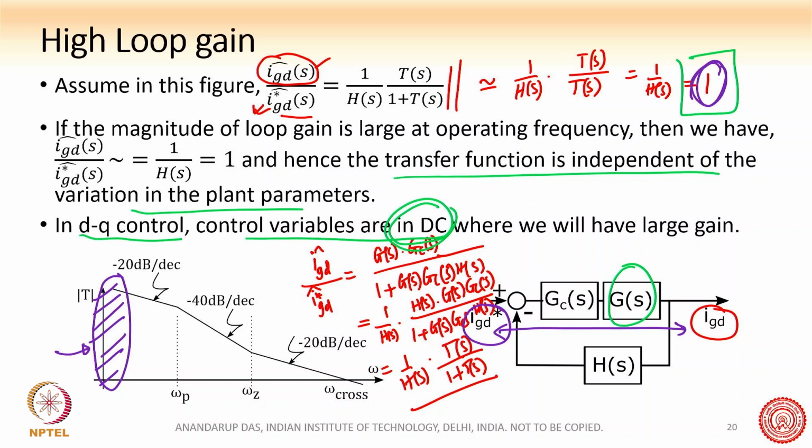So in DQ control, we had deliberately taken the whole system to DC, and we ensured that close to DC, in this region which I have shown here, the loop gain is very, very high, and therefore I can accurately track the reference. So IGD star, I give some IGD star, and the actual IGD flows with a gain of 1.